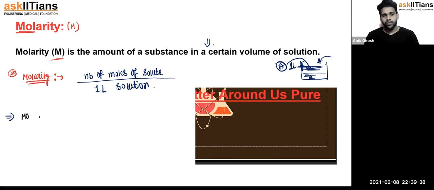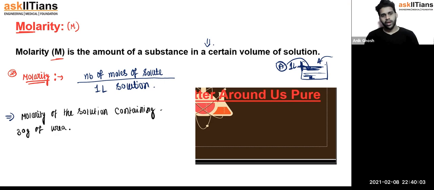Find out the molarity of the solution containing, let's say, 30 grams of urea. Now you need to find out the molarity of a 1 liter solution which is containing 30 grams of urea. Okay, let's find that out.